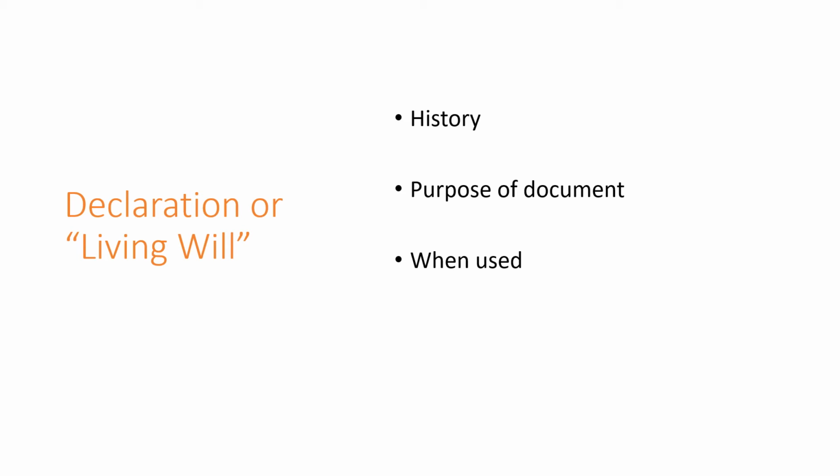It is when the individual is in a terminal condition or is very likely to be in a terminal condition very quickly. Then, if no other family member is around, if they can't locate the person nominated under the healthcare power of attorney, then the physician can make the decision to withhold or withdraw treatment.